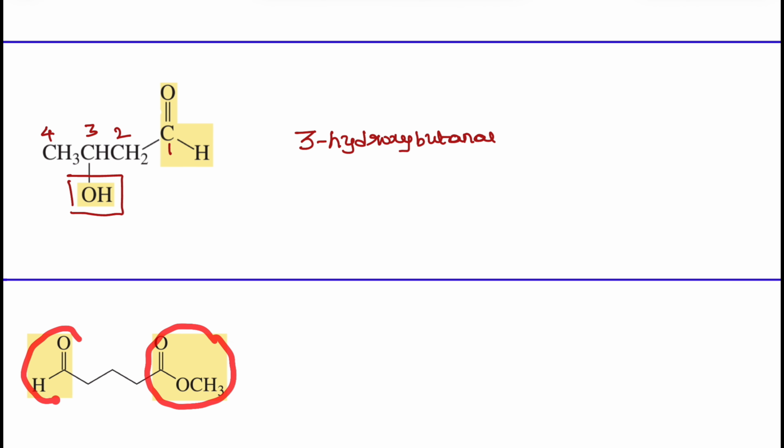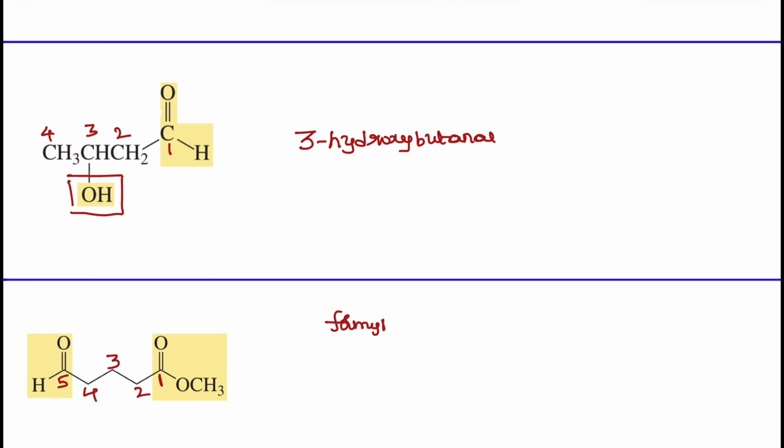And here, most importantly, in this example, we have two functional groups. One is ester, another one is aldehyde. According to IUPAC sequence rule, ester gets more priority. Therefore, this is the first one, second, third, fourth, and this carbon is the fifth carbon. Observe carefully. Now, this aldehyde is indicated by using prefix. Whenever aldehyde is present as a substituent or second grade functional group, we use two different prefixes.